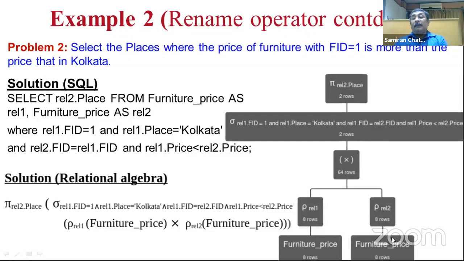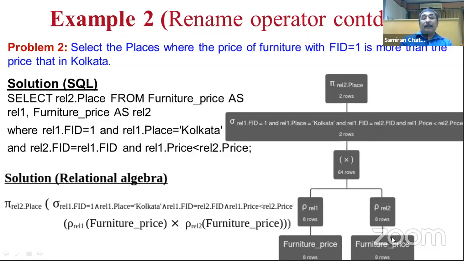And in the second table, now we compare the first table and the second table. The left table's ID has to be the same as the right table's ID, and the first table's price has to be less than the second table's price.